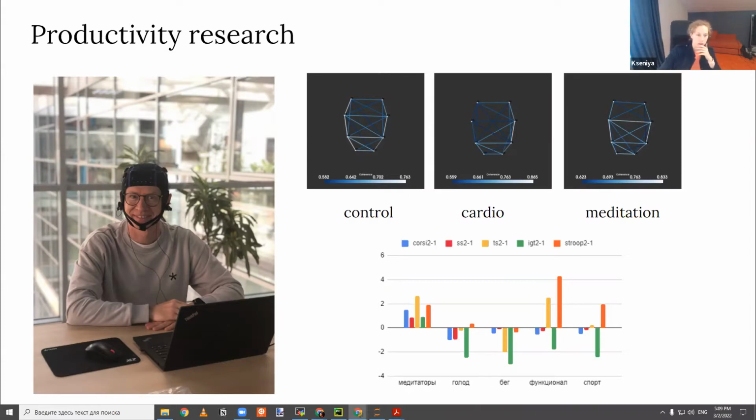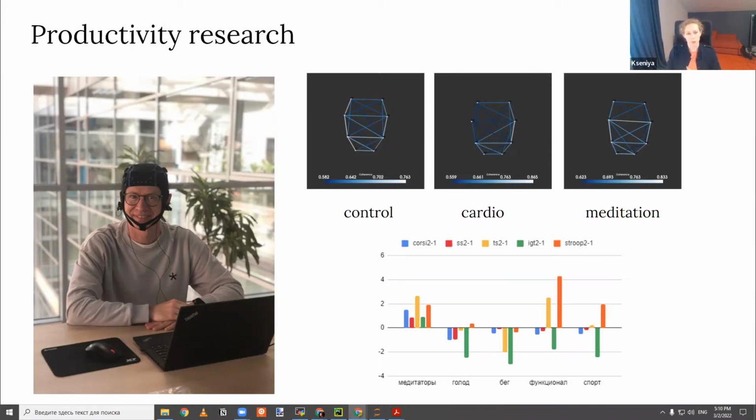And in such research, we divided all people into different groups. For example, a control group, sport group, meditation group, and maybe diet group. The participants have exercises or meditation during 1 or 2 months. It depends on the study.